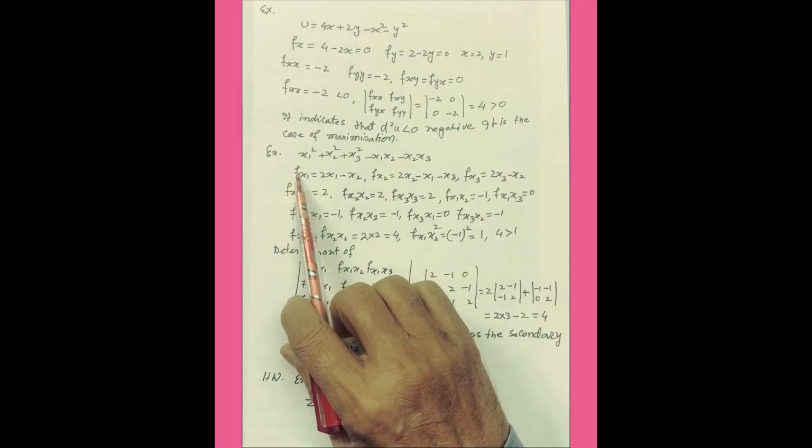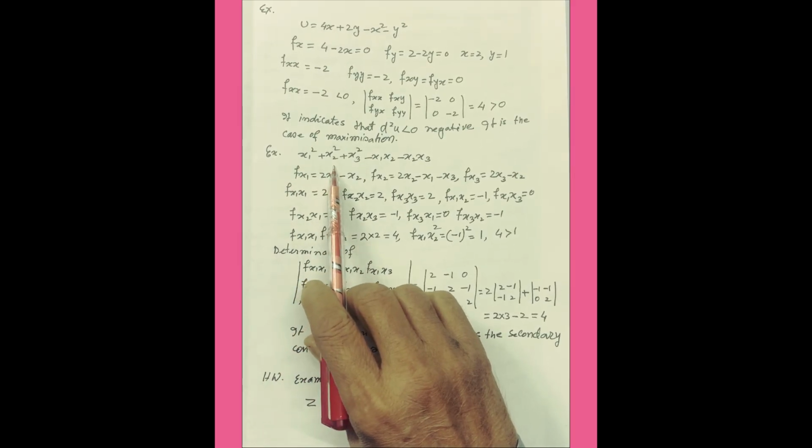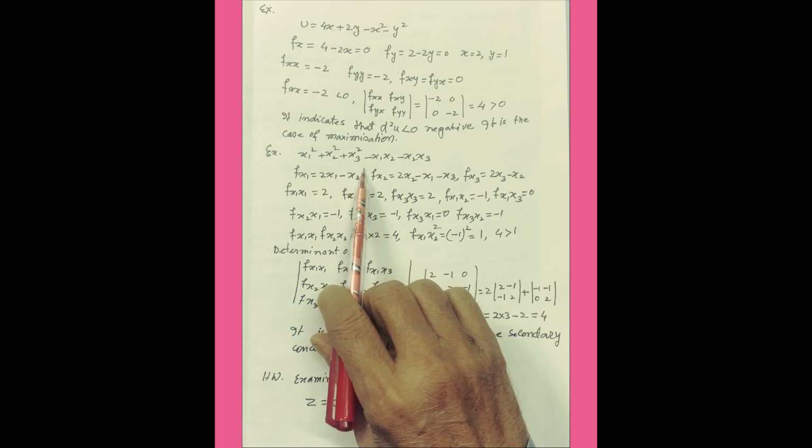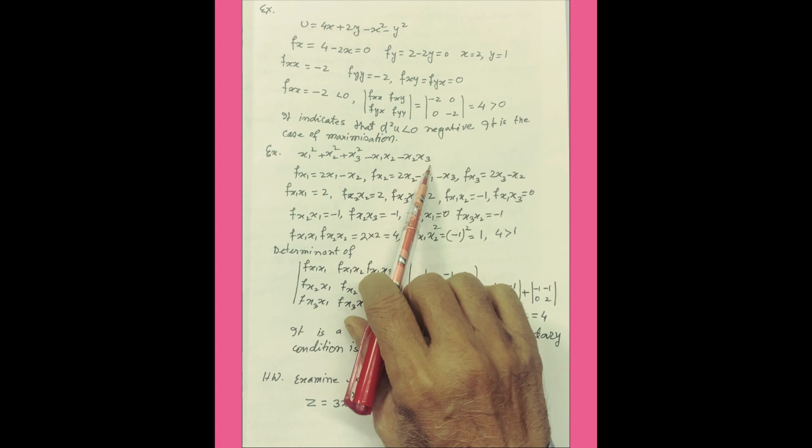Then another example, x1 square plus x2 square plus x3 square minus x1 x2 minus x2 x3.